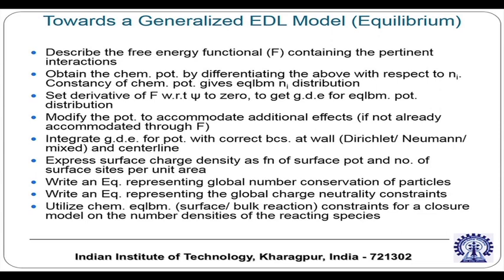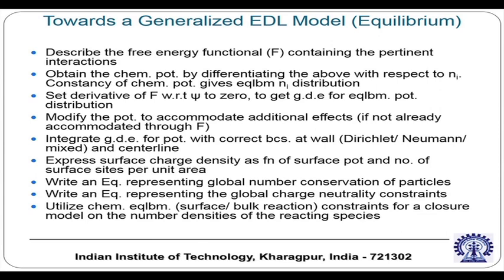Obtain the chemical potential, which is essentially electrochemical potential, by differentiating the above with respect to Ni. Constancy of chemical potential gives the equilibrium Ni distribution. Set derivative of f with respect to psi to 0 to get the governing differential equation for potential distribution. This is nothing but the Poisson equation.